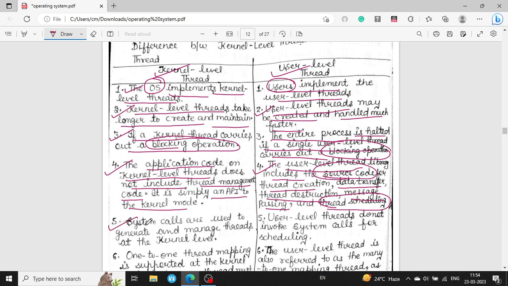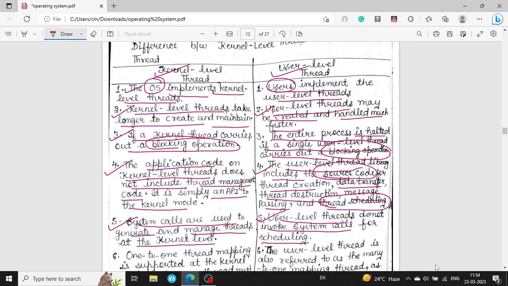Fifth difference is system calls are used to generate and manage threads at the kernel level, while on the other side, user level threads do not invoke system calls for scheduling.